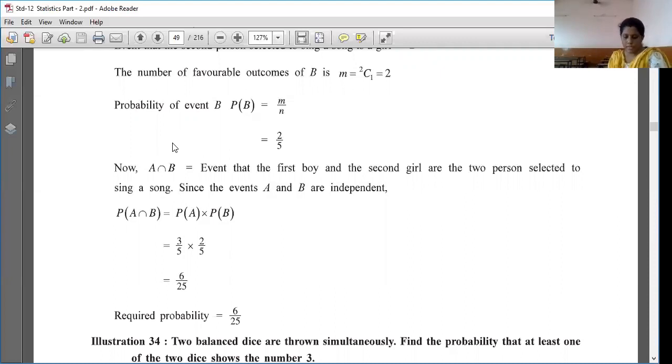So I think it is better to do them in the next video. Till now I have completed up to illustration number 33.